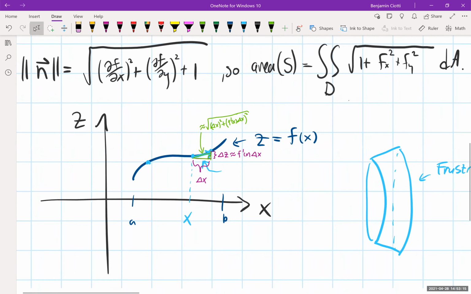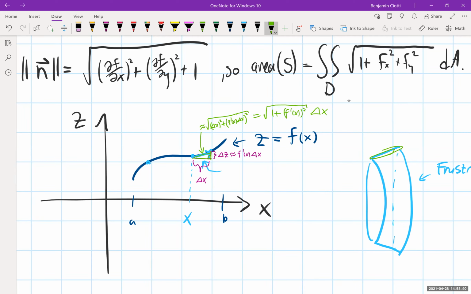Now go to the frustrum and suppose, oh, and let me simplify that a little bit. I can pull out the delta x and it becomes the square root of 1 plus f prime of x quantity squared, and then a delta x outside the square root.